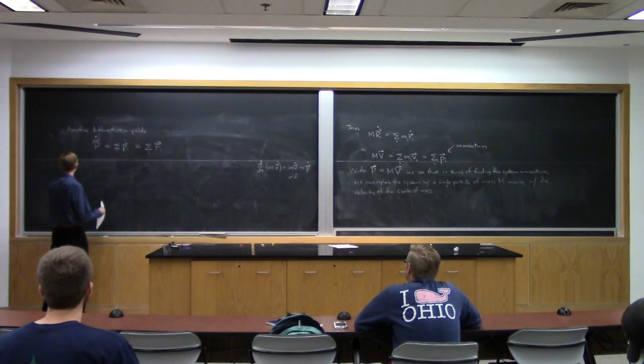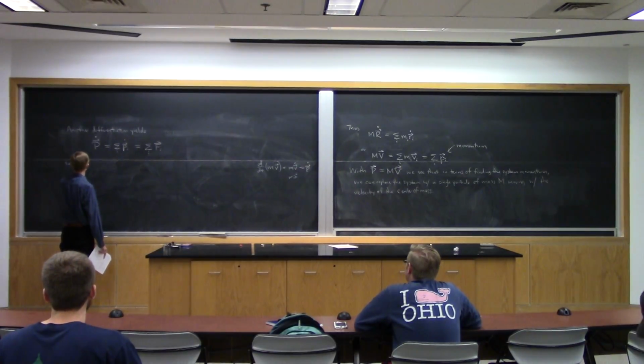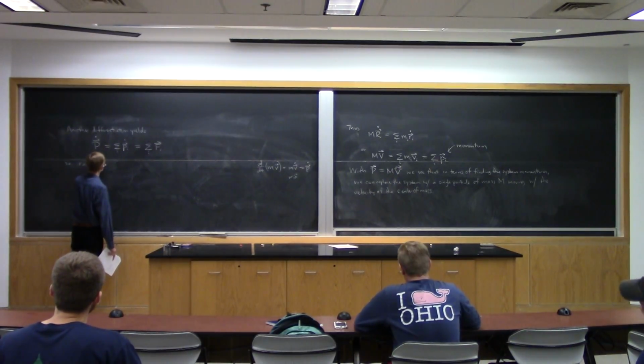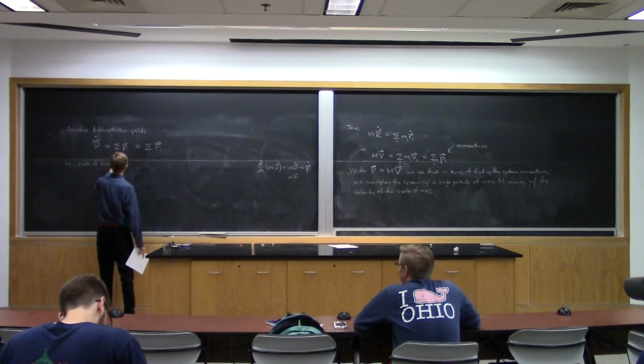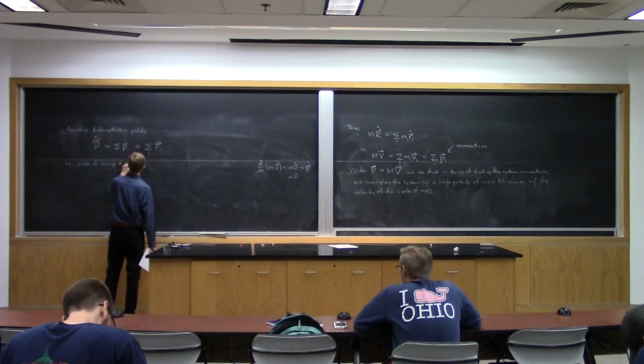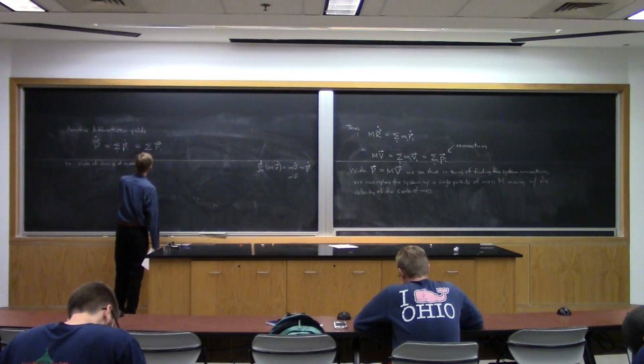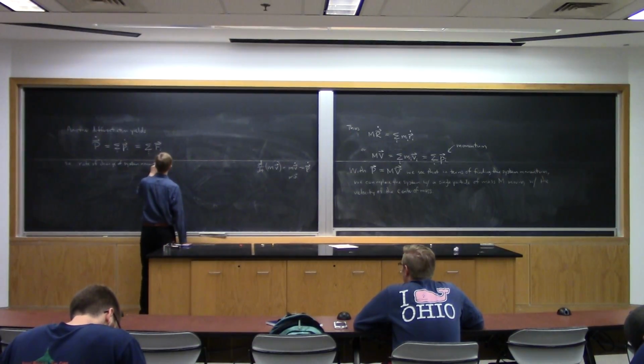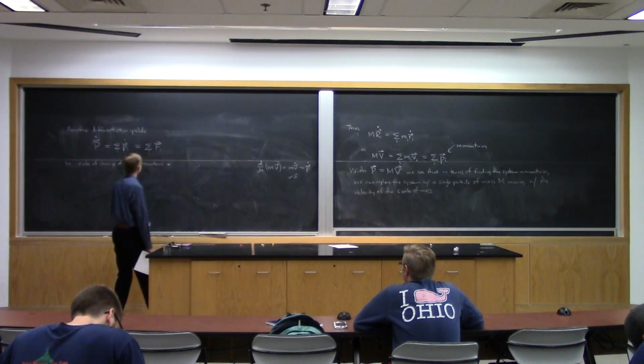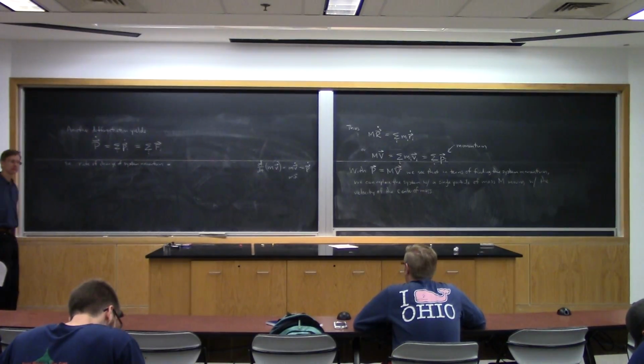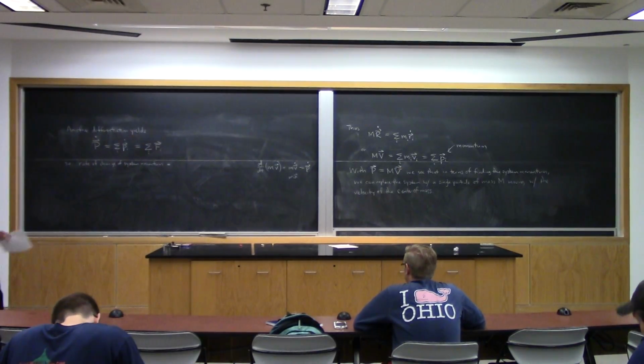So this says rate of change of system momentum equals total force on the system. If I add up the forces on all the particles, that's the total force on the system.